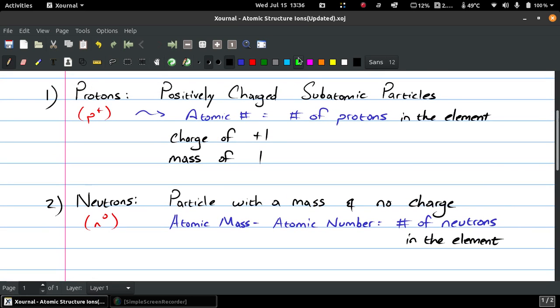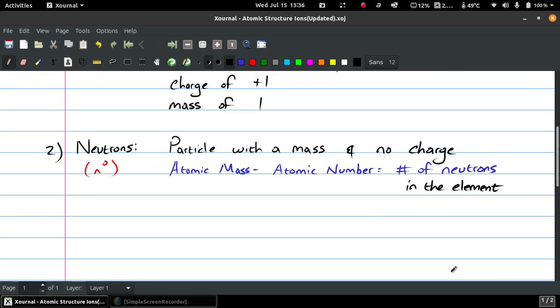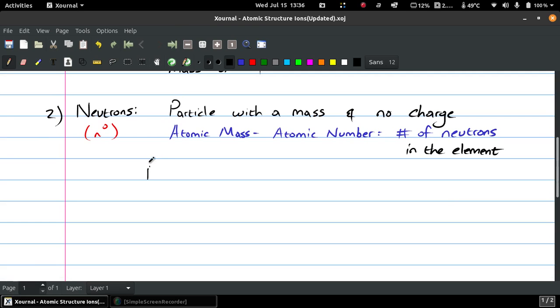So both of those, protons and neutrons, make up what is called the nucleus. So that is the area of the atom that is positively charged and contains mass.